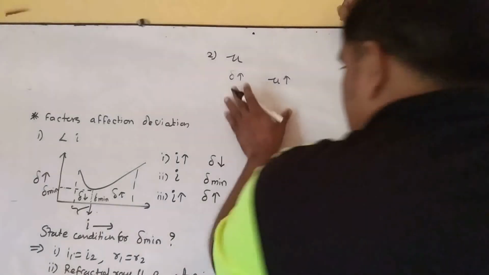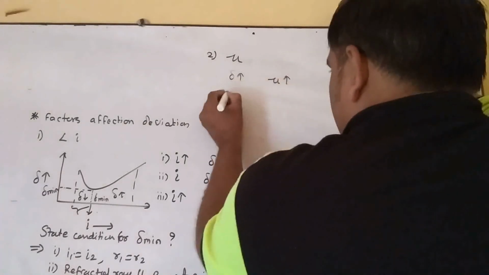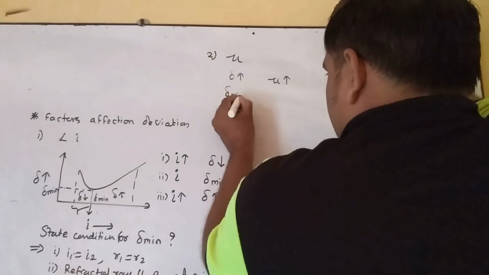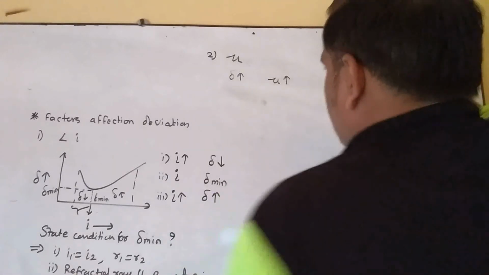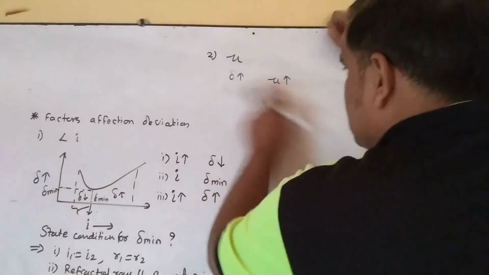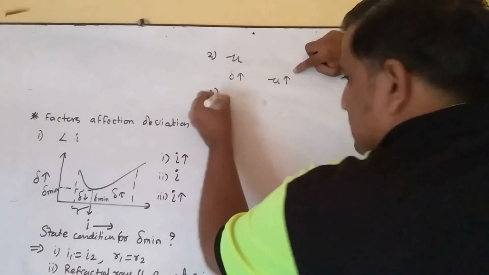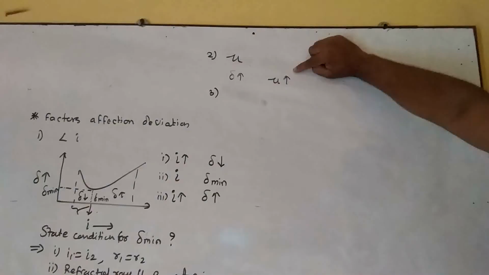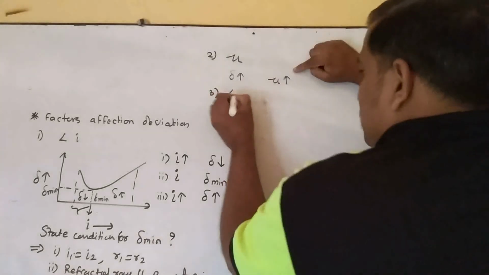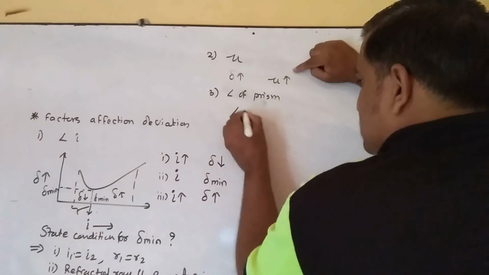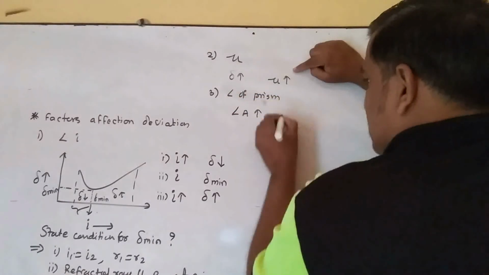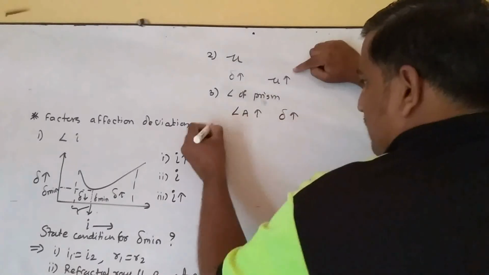So this statement tells us that delta for violet color increases as the refractive index increases. Third factor we are going to study is the angle of prism. As the angle of prism A increases, we find an increase in delta.